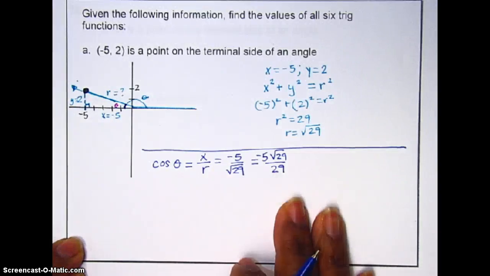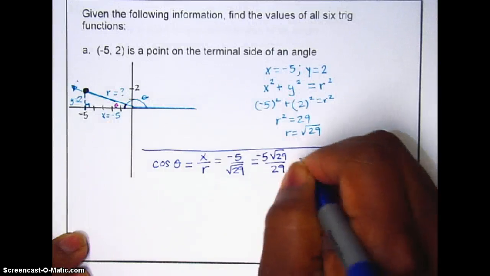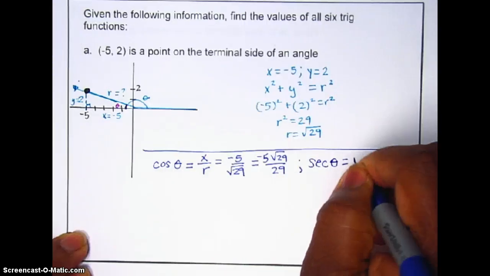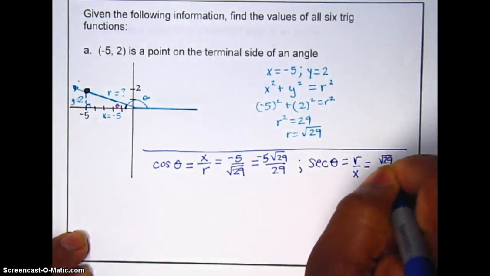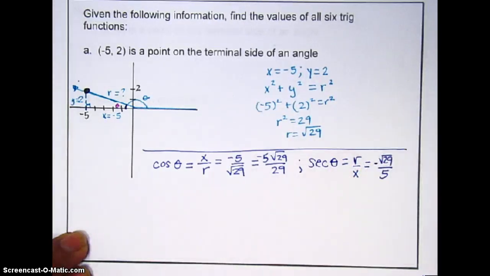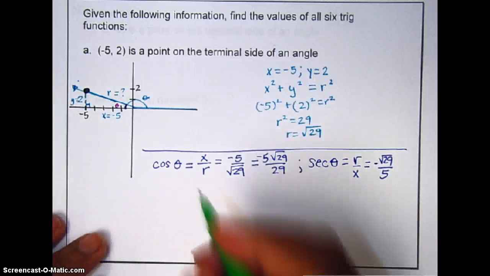Related to cosine through reciprocal is the secant. Secant of that angle theta is r over x, which would be the square root of 29 over negative 5, and we can just stick the negative in front. The next pair that are related to each other are sine and cosecant.